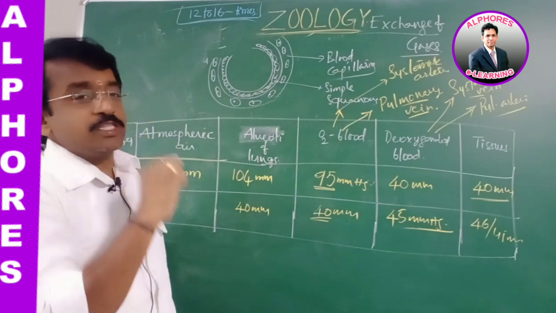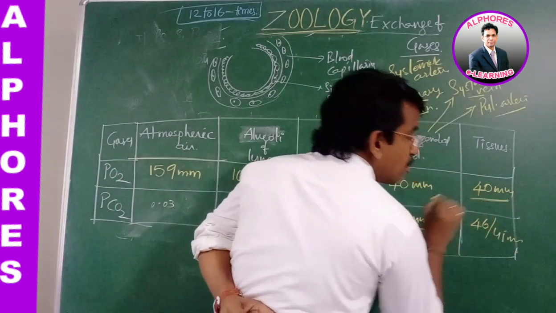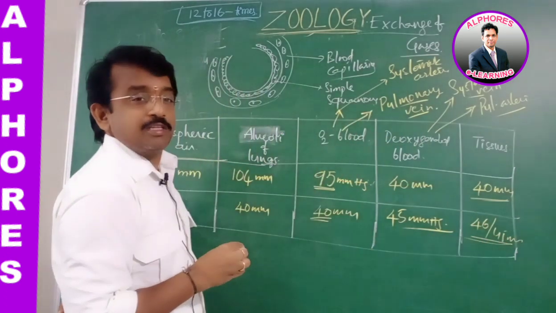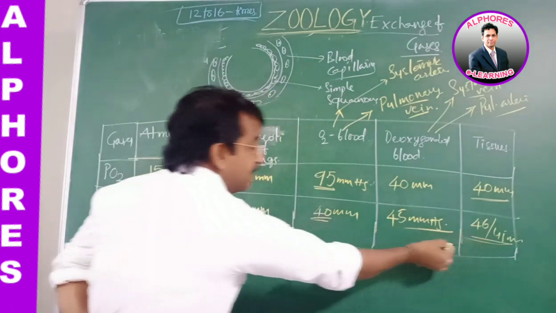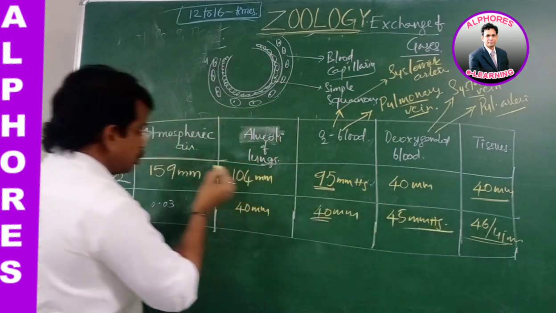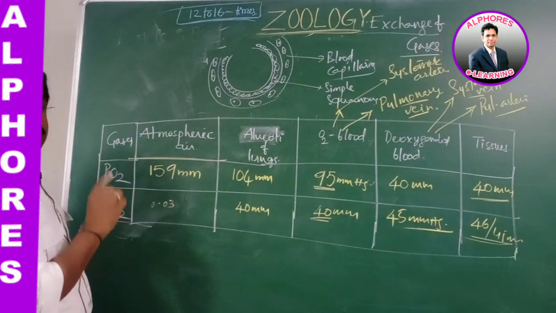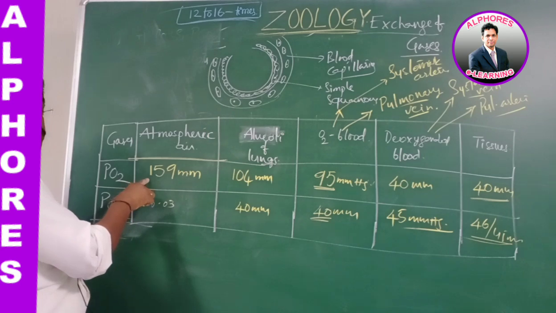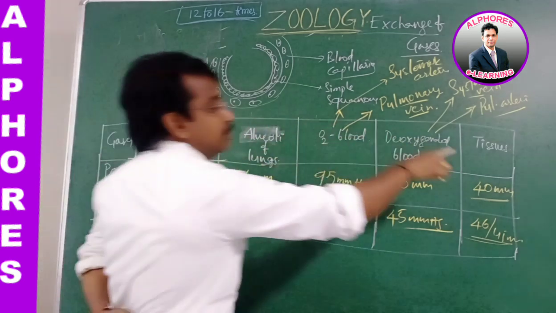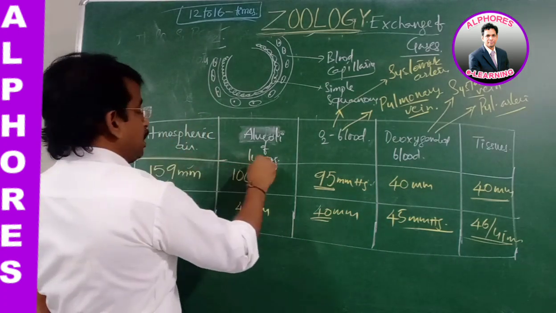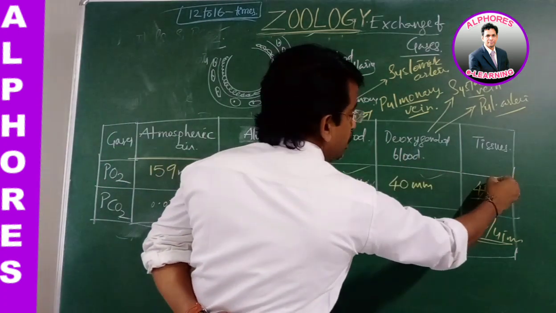Oxidation of food substances takes place and liberates carbon dioxide. This carbon dioxide partial pressure is more at the tissues, which is the reason why it moves from the tissues to the atmosphere. So oxygen partial pressure is more in the atmosphere and low in the tissues. So it drifts 159, 104, 95, 40 mmHg.